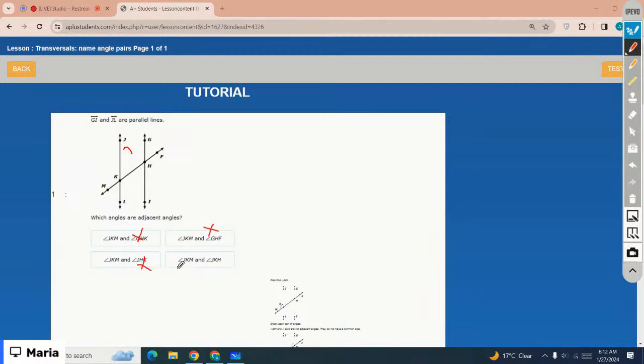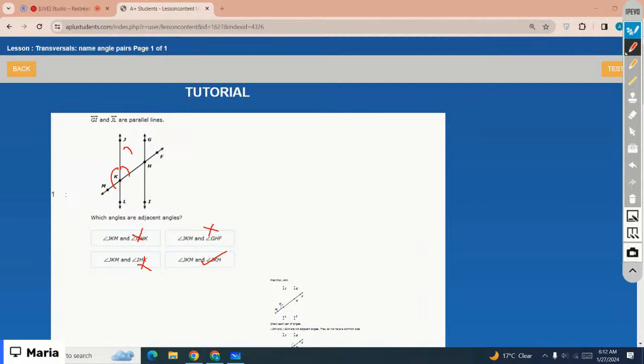No. JKM and JKH. This one is adjacent to this one, right? So the correct option is JKM and JKH, right? Because they are right next to each other, so they are adjacent angles.